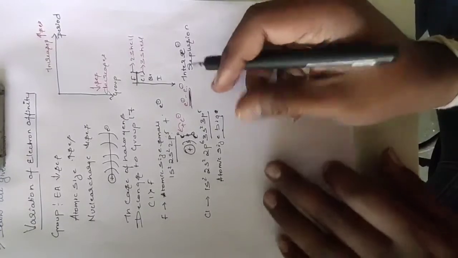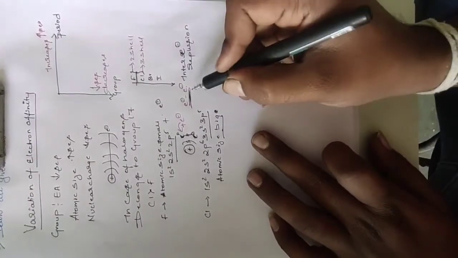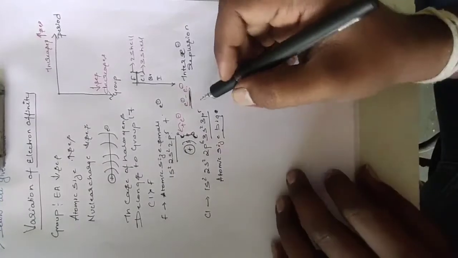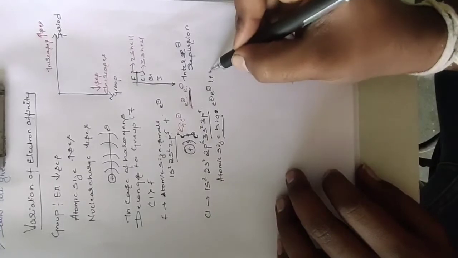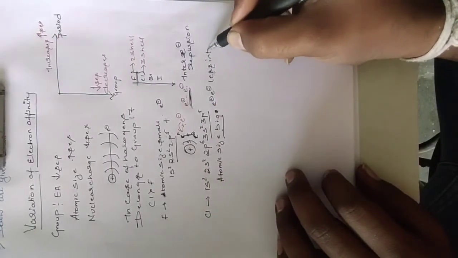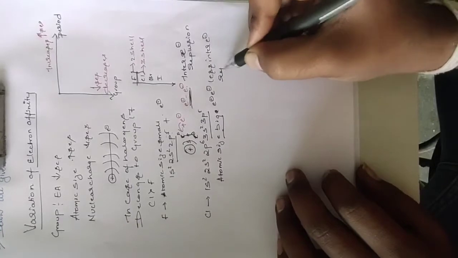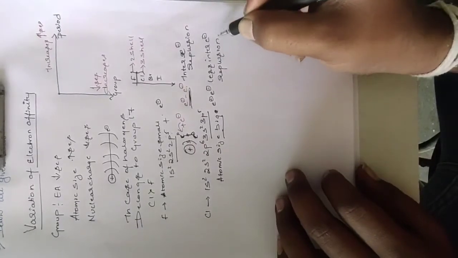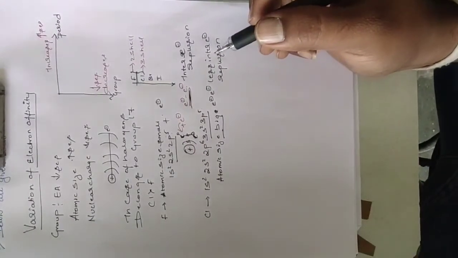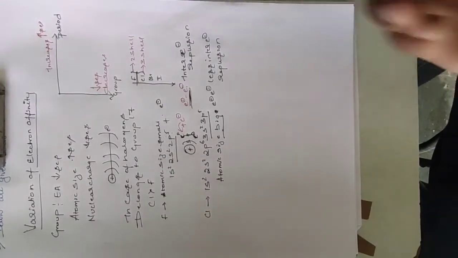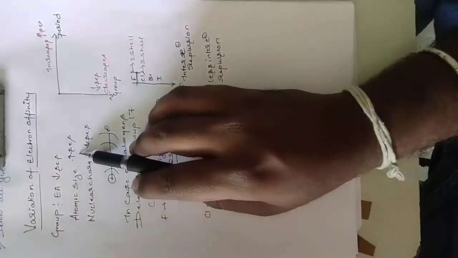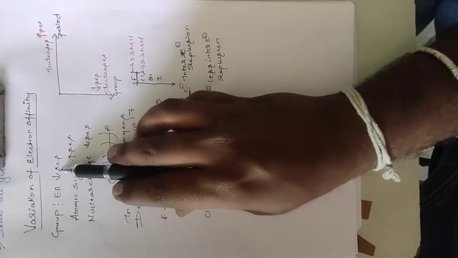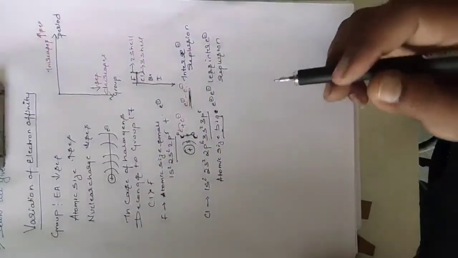So it shows electron repulsions, but less inter-electron repulsion. For that, in halogens belonging to group 17, chlorine is greater than fluorine. For that I told that as atomic size increases, electron affinity decreases. Next we are going to talk about periods.